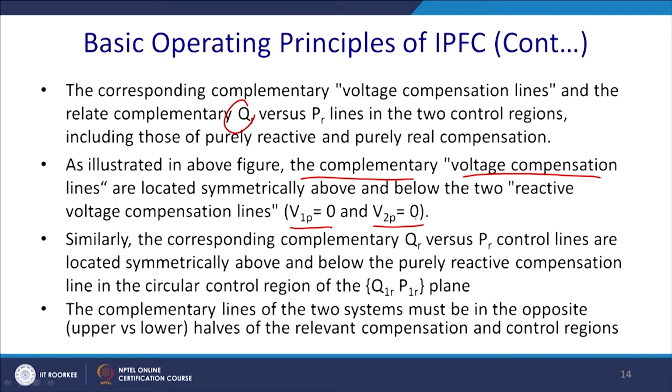Similarly, the corresponding complementary QR versus PR control lines are located symmetrically above and below the purely reactive compensation line in the circular control region of the Q1R and P1R plane. The complementary lines of the two systems must be opposite, upper versus lower, just as they are complementary halves of the relevant compensation control region.